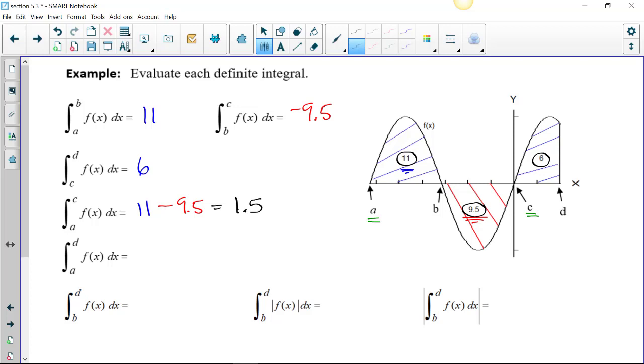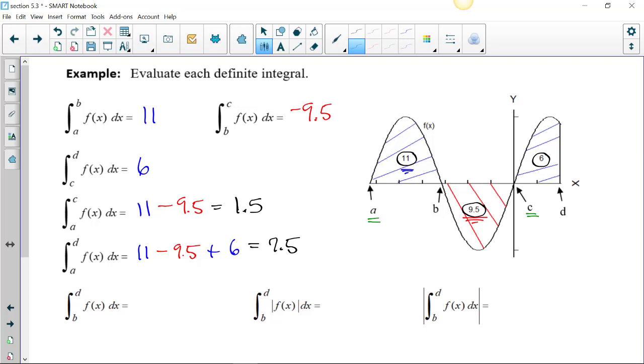Okay. How about the definite integral from A to D? So I've got 11 minus 9.5 plus 6 comes out to be 17 minus 9.5, basically, is 7.5. Okay.